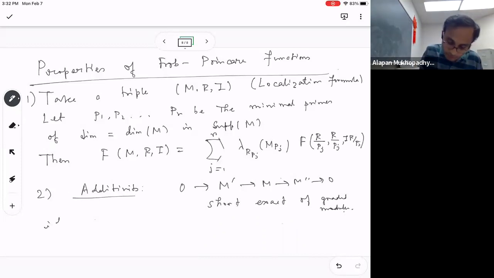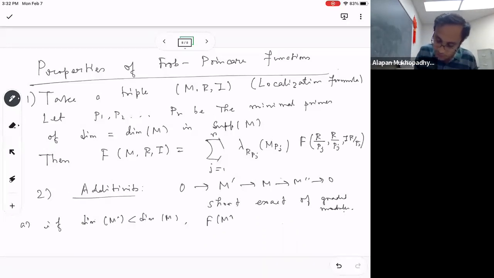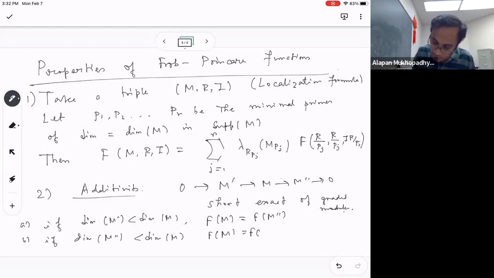So there are three statements. If the dimension of M prime is less than the dimension of M, then the Frobenius-Poincare function for M, I'm not writing all the parameters here, is the same as the Frobenius-Poincare function for M double prime. If the dimension of M double prime is less than the dimension of M, then the Frobenius-Poincare function of M is the same as the Frobenius-Poincare function of M prime.